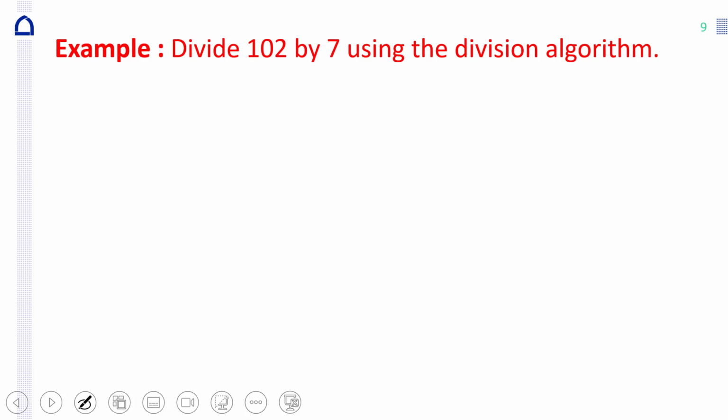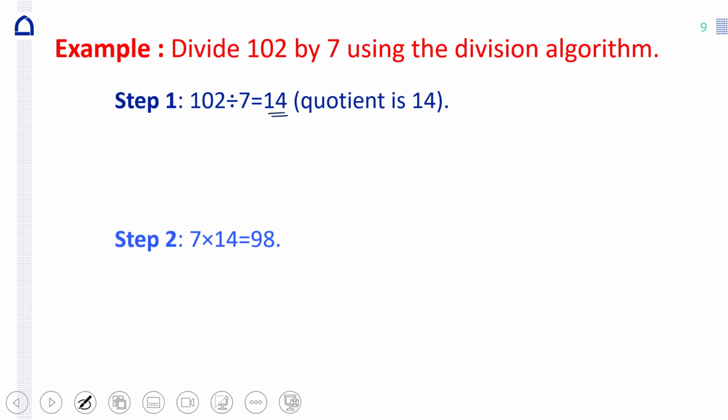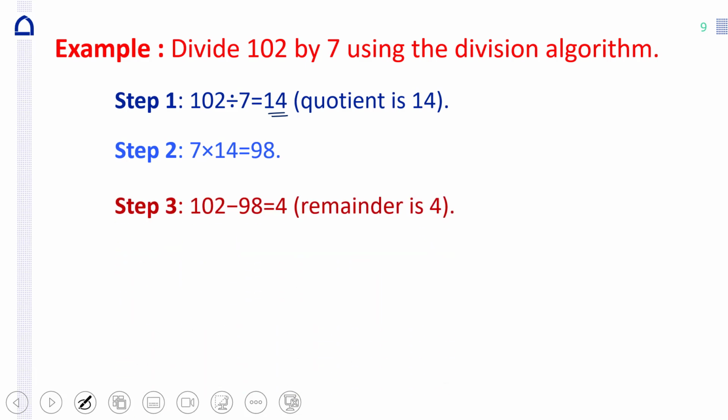Now, divide 102 by 7 using the division algorithm. First, I divide, and I have 14, but I still have a remainder. How to get the remainder? I multiply the integer result of the division by the divisor, so I get 98. Next step, I subtract this value from the original integer, and this will be the remainder.